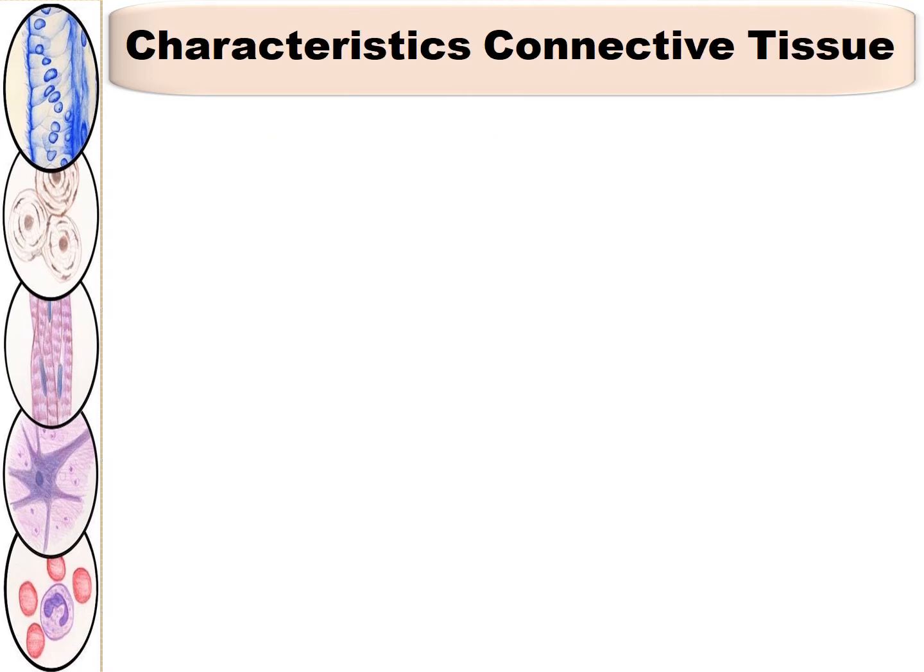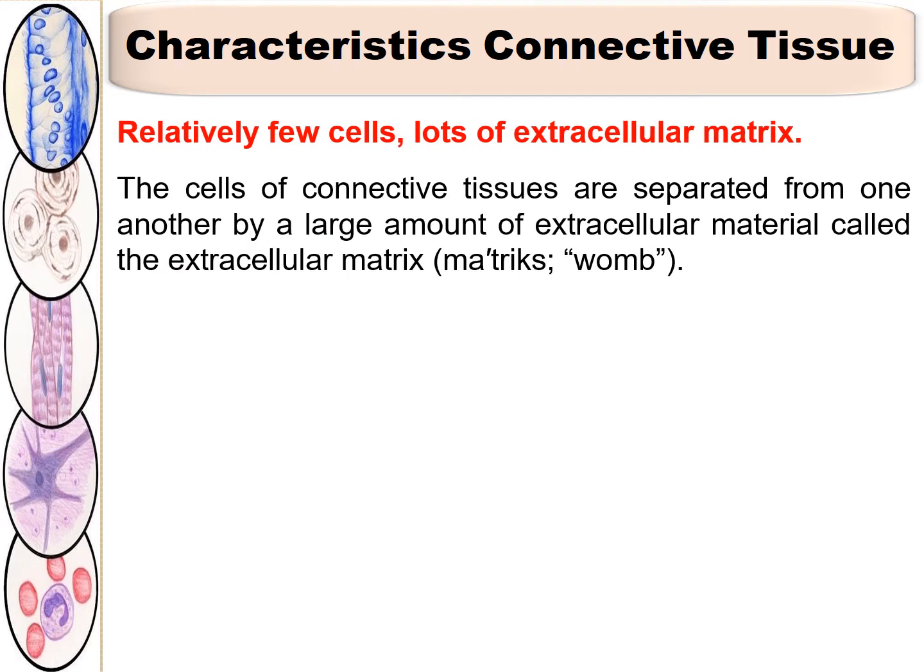Thus, in short, connective tissues have relatively few cells with lots of extracellular matrix. In other words, the cells of connective tissues are separated from one another by a large amount of extracellular material called the extracellular matrix.